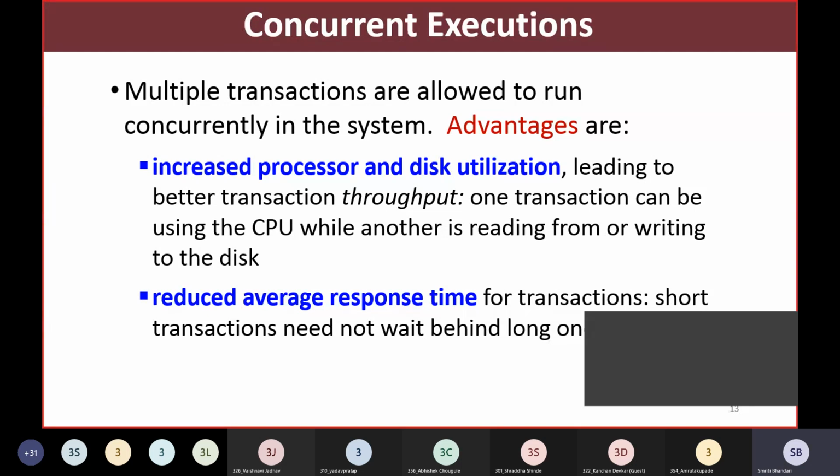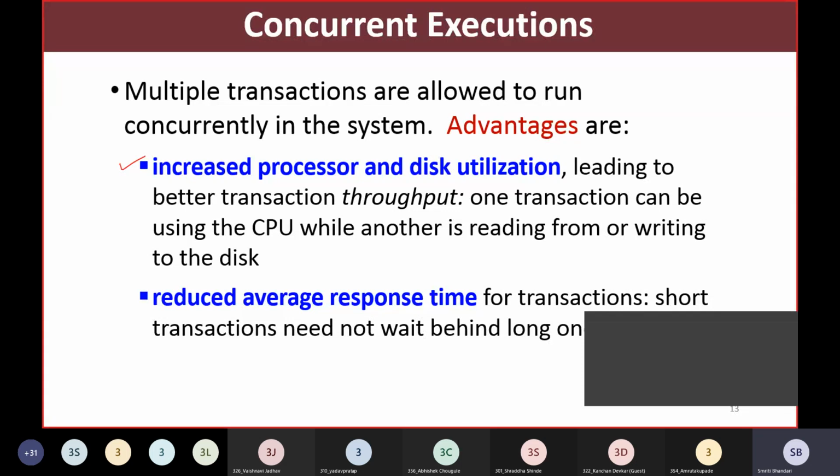So what are the advantages of this concurrent execution of the transactions? The very first advantage is that we can observe increased processor and disk utilization. What do we mean by that? A transaction consists of many important steps or operations.